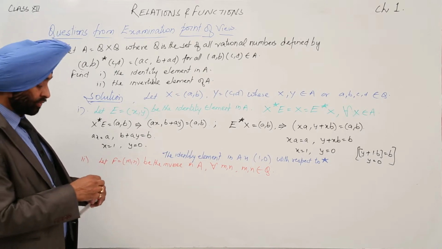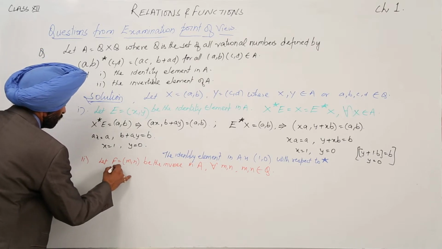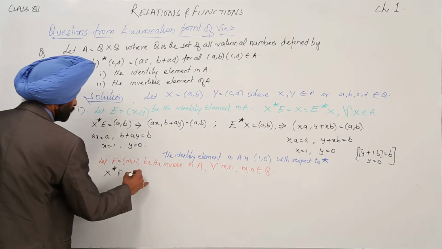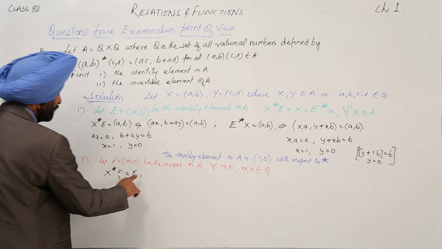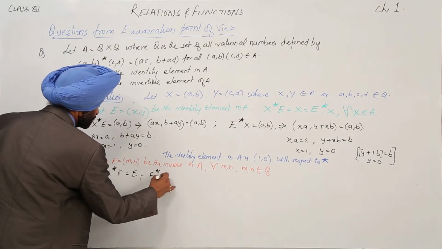We are having x star f. Now x star f is equal to what? Identity element E. Or we can write it, this is equal to f star x.